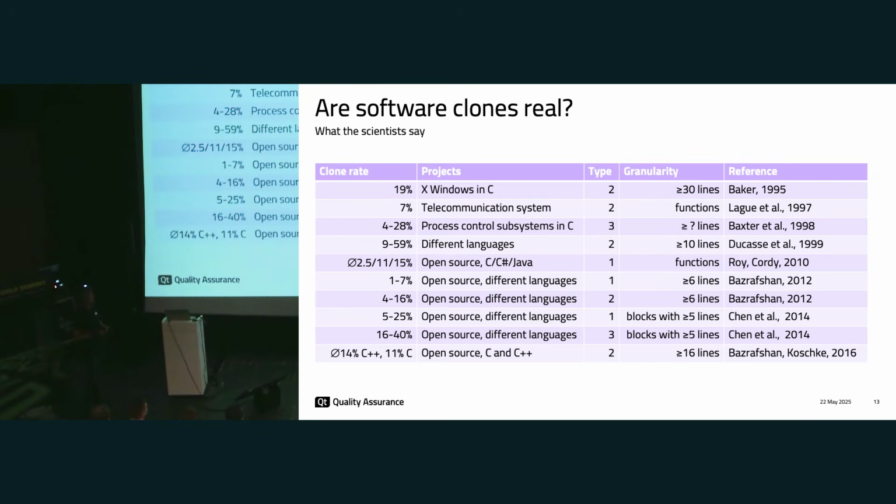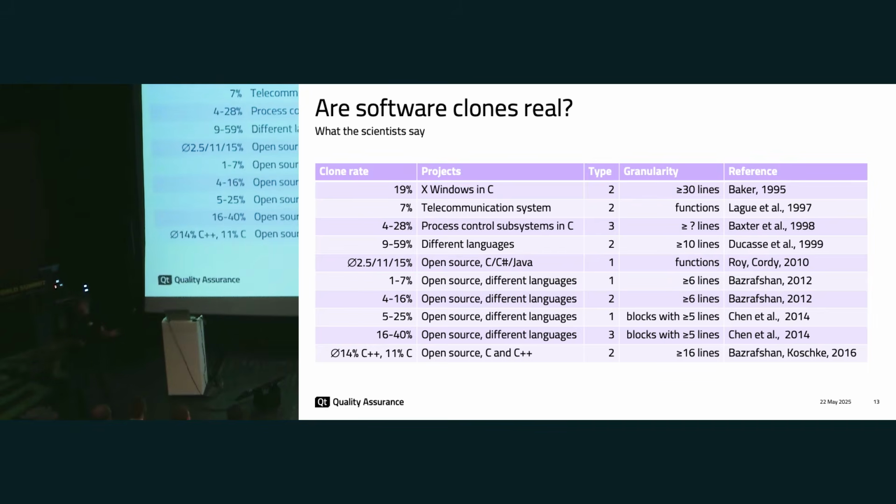And here, some of the papers looked into the frequency of clones. Here I summarize a few of them. Those different papers differ in different aspects, foremost in the kind of projects that were analyzed. Some of them were open source, most of them actually. Some of them were proprietary, closed source software. They differ in the types of clones that were detected, also in the granularity.